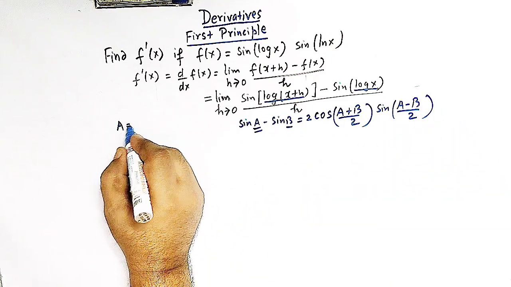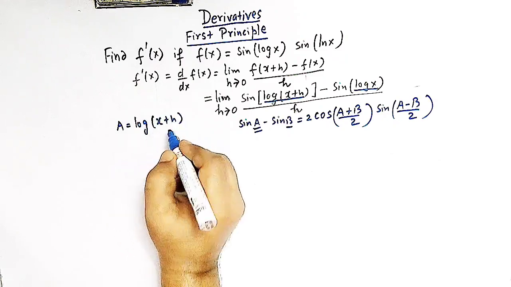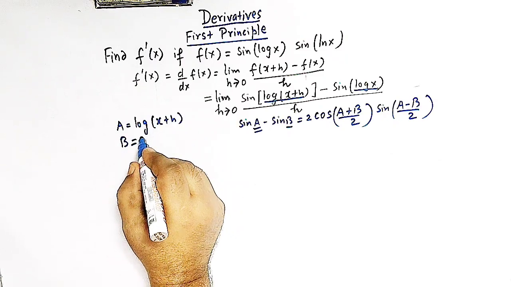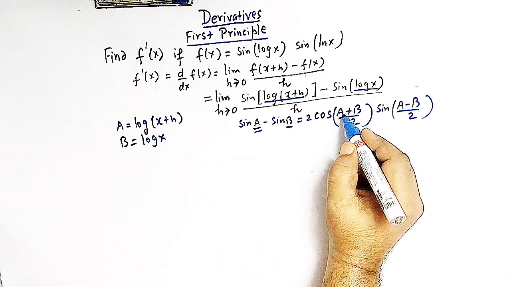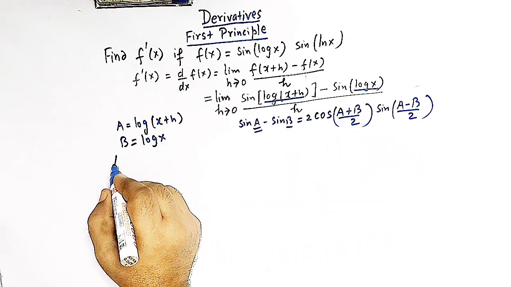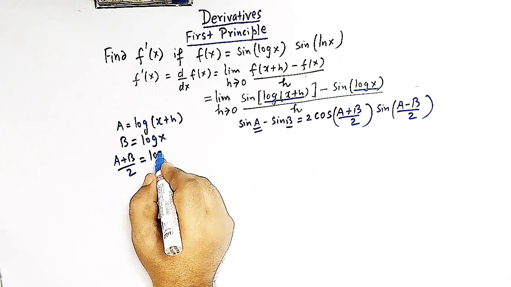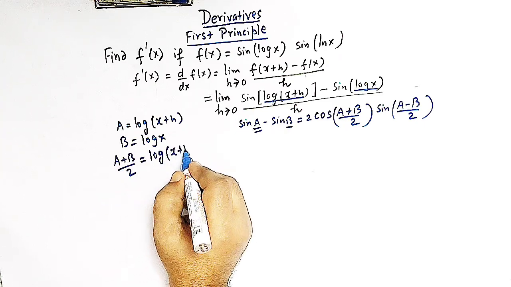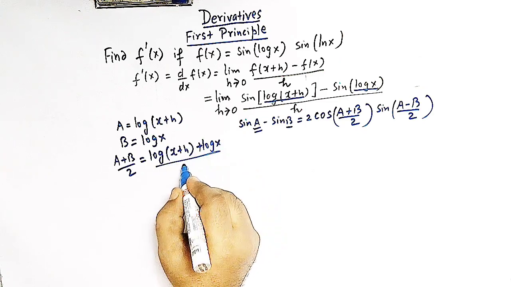Let us find a plus b over 2. It is log of x plus h plus log of x divided by 2.